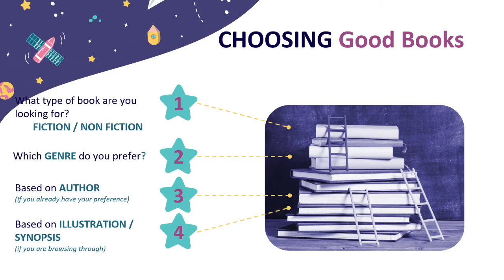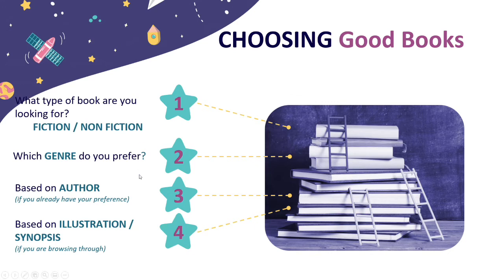Now, how to choose the good books? Do you know? So here are some tips in choosing good books. The first one, we can look at the type of book that you want to read. Is it fiction or non-fiction? When we say non-fiction, it means cerita itu adalah cerita fakta.